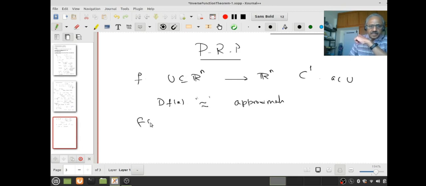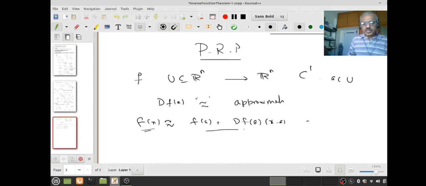That is, f(x) equals f(a) plus D of a acting on (x minus a), approximately. There is an error. This function is approximately equal to some linear polynomial. It's a linear system. You understand that? This is approximately equal to this. Good.